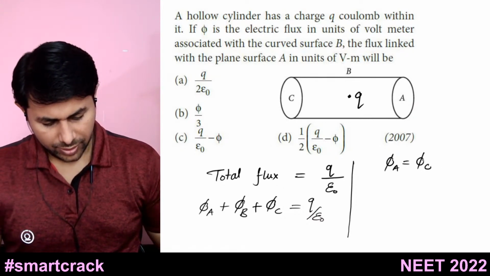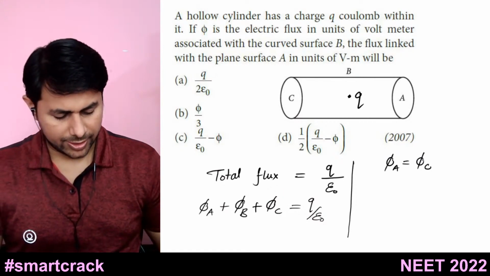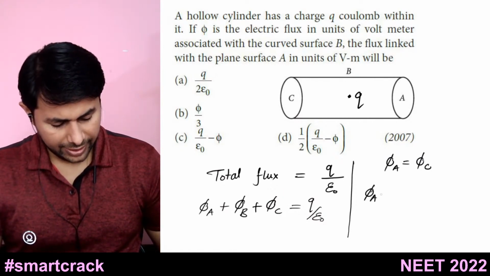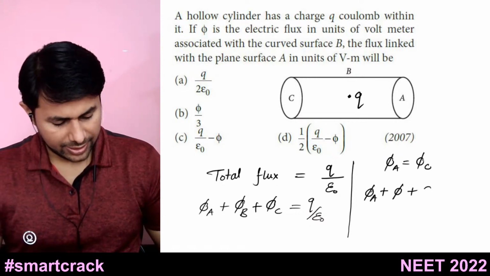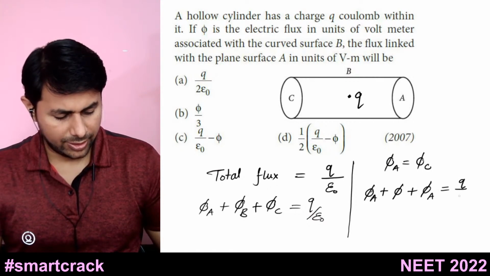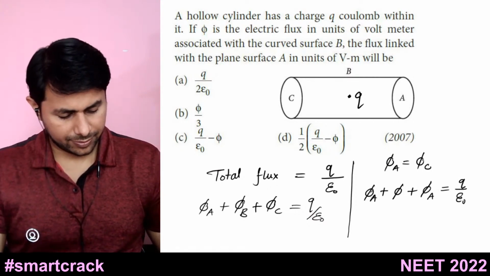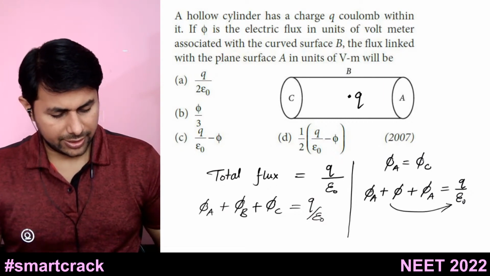So let's substitute that. In place of flux through C, I will substitute flux through A. So it is phi A plus phi B, which is phi, plus phi C, which is phi A, and that is q upon epsilon naught. Then you can take this phi on the other side.